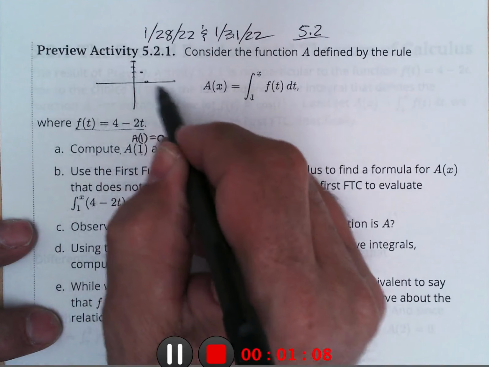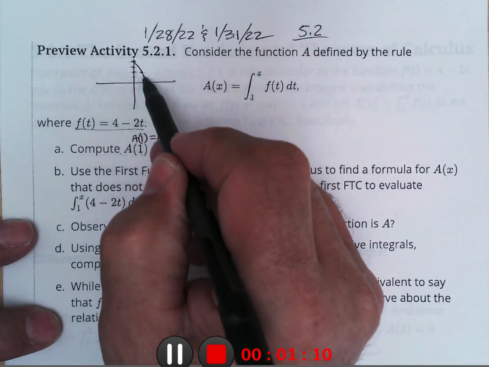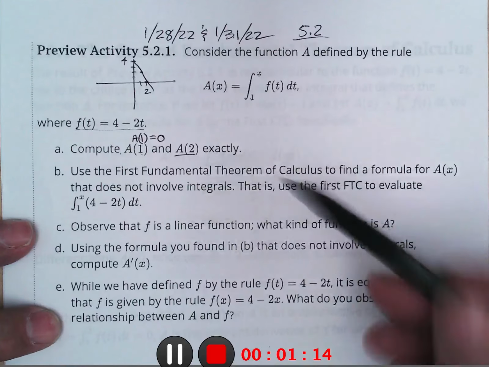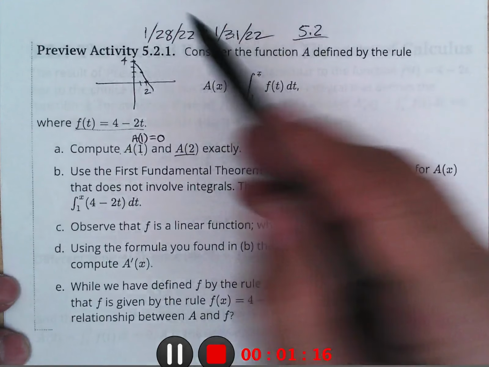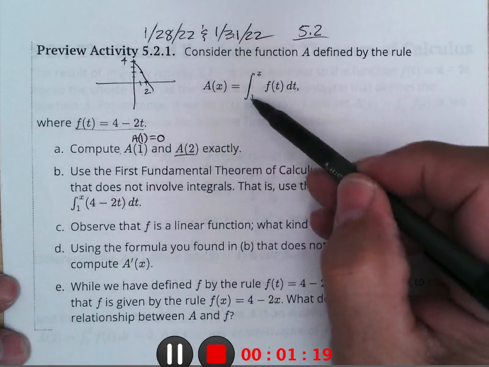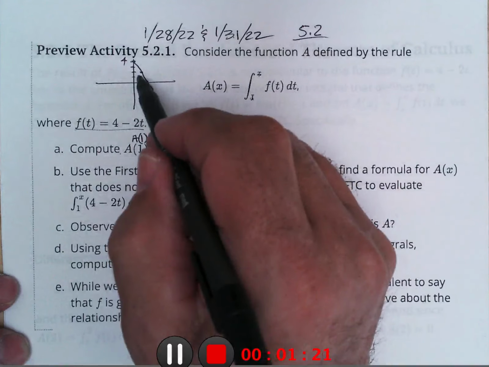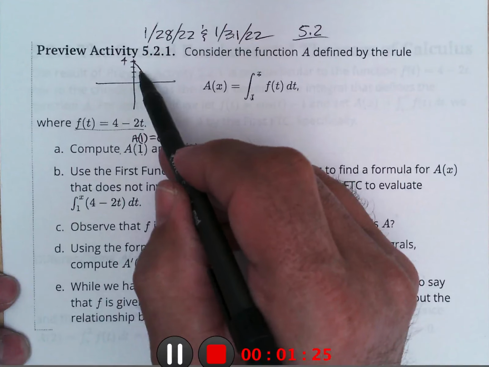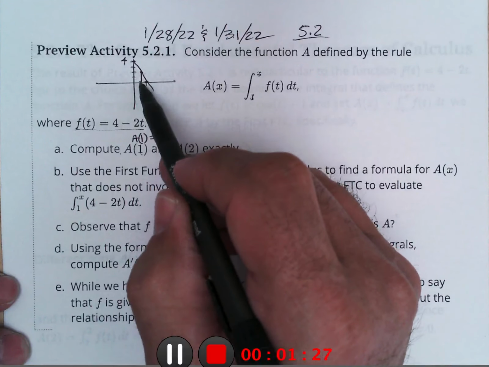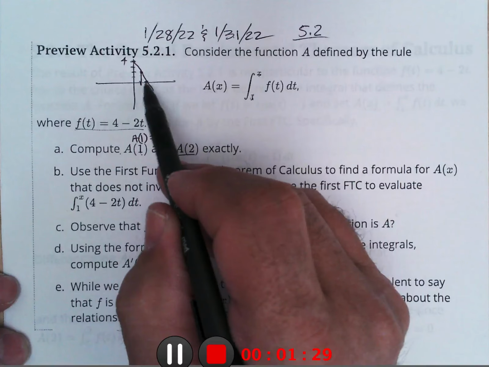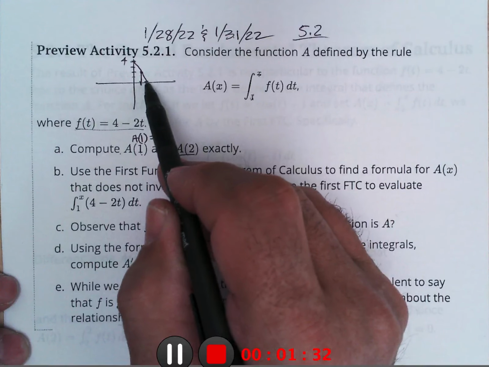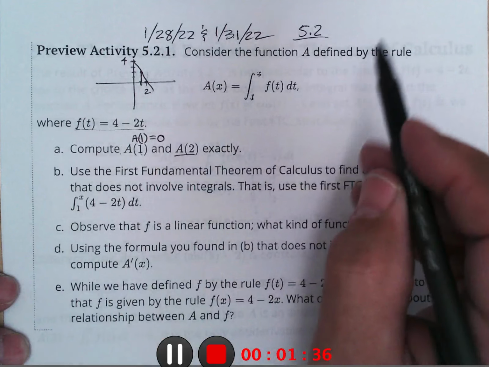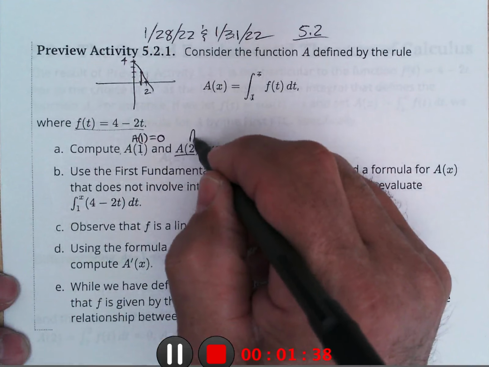And so it looks like this, that's 2 and that's 4, and the area between 1 and 2 would be this, which has a height of 2 and is 1 wide. So the rectangle would be 2 times 1 is 2, but this is half, so it would be 1. So A of 2 should equal 1.